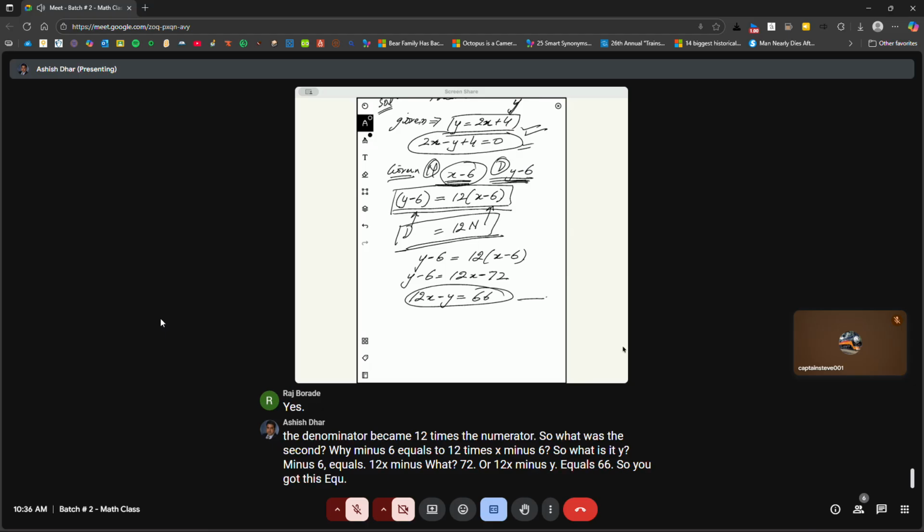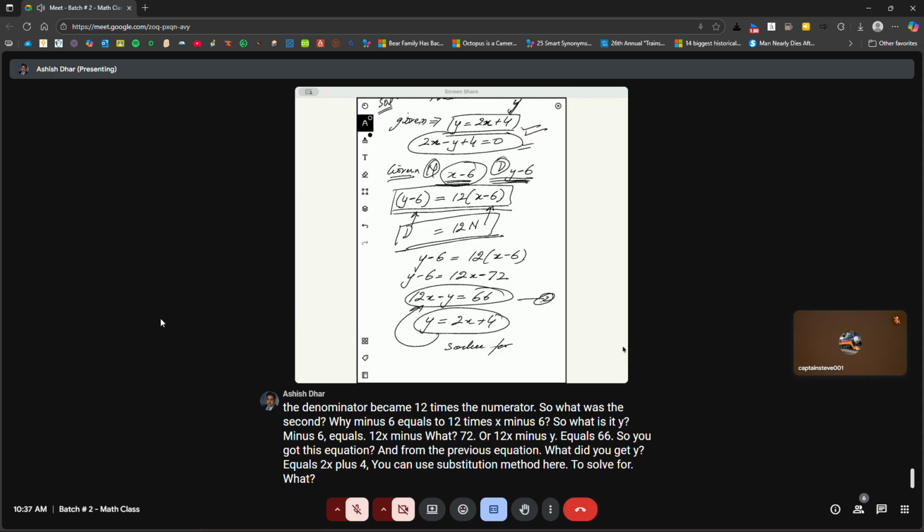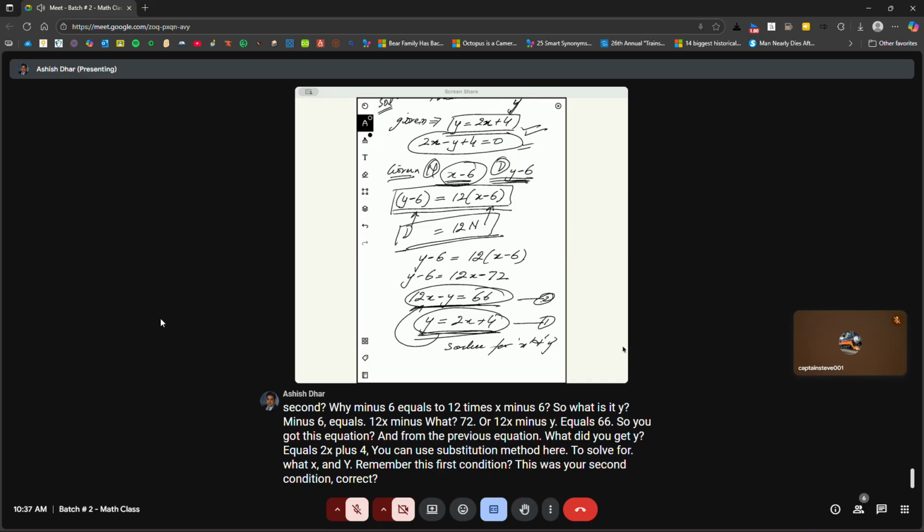So you got this equation, and from the previous equation, what did you get? Y equals 2x plus 4. You can use the substitution method here to solve for x and y. Remember this first condition? This was your second condition, correct? Clear?